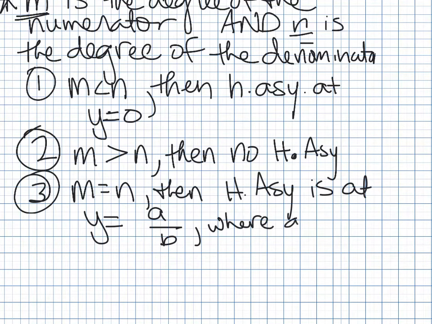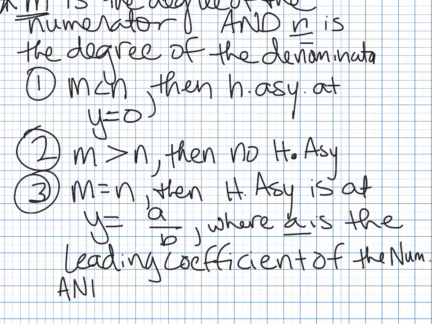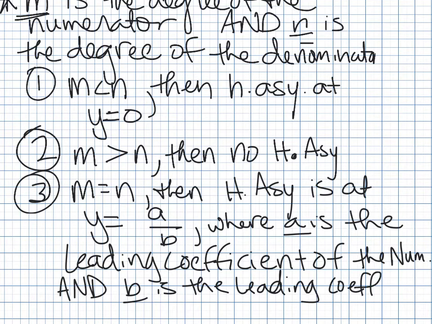where a is the leading coefficient of the numerator and b is the leading coefficient of the denominator.